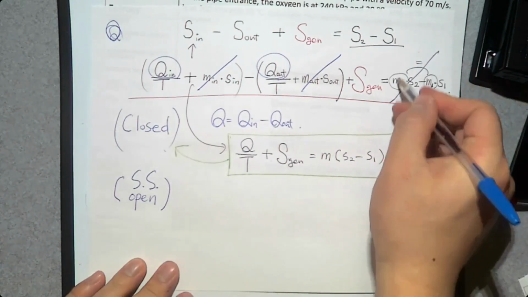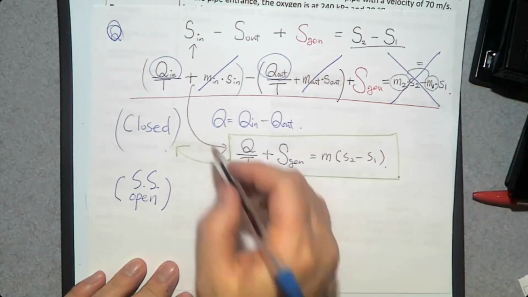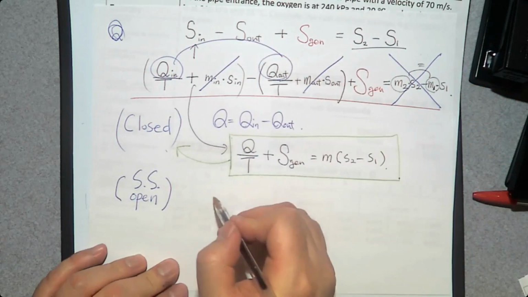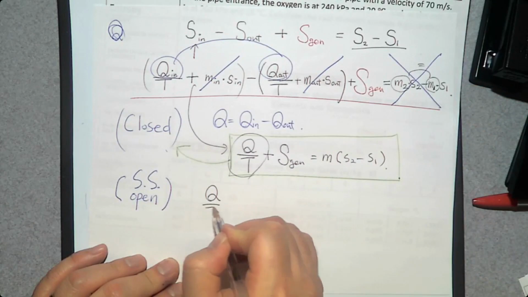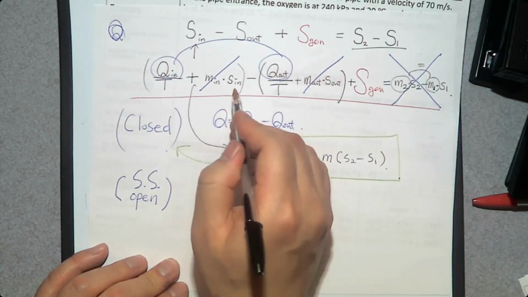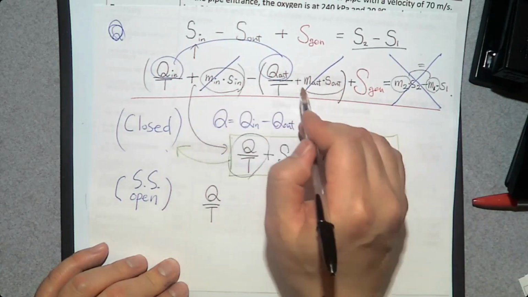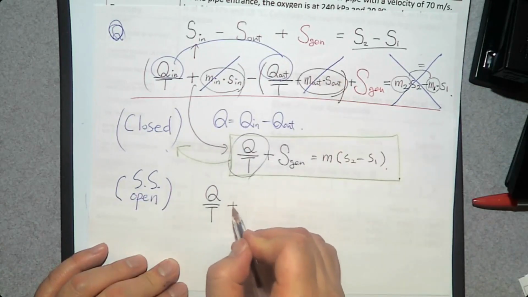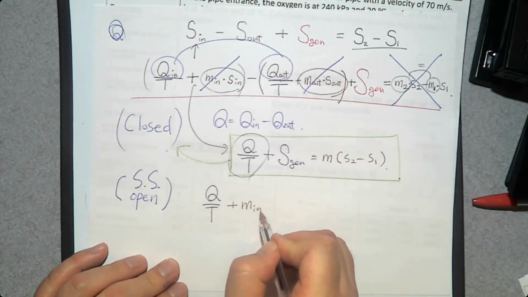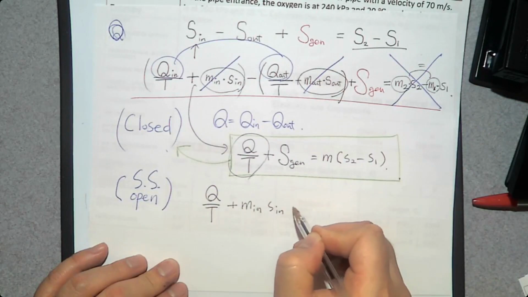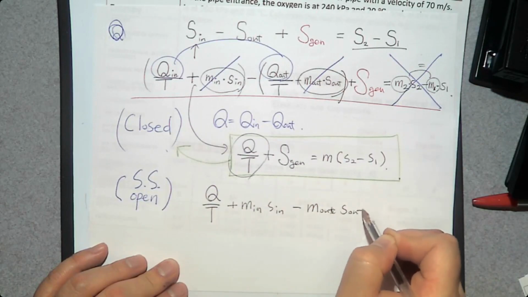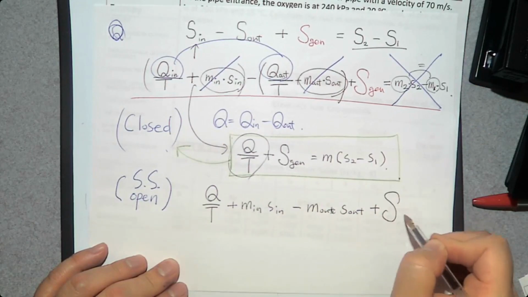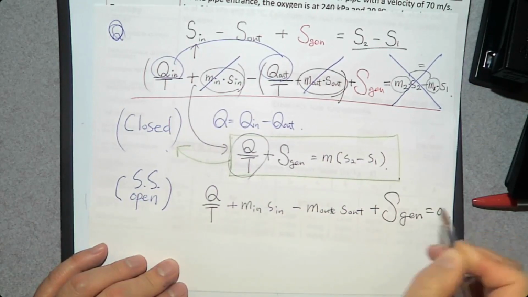So we can neglect the right-hand side, and we can combine these two and say the same thing here, Q over T, but we have mass transfer in, mass transfer out, plus M in S in minus M out S out, plus entropy generation is going to be 0.